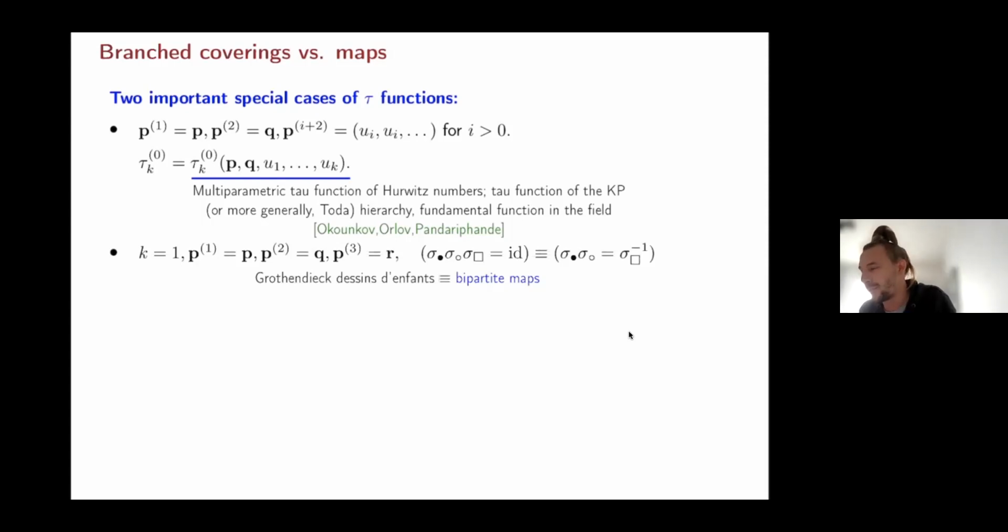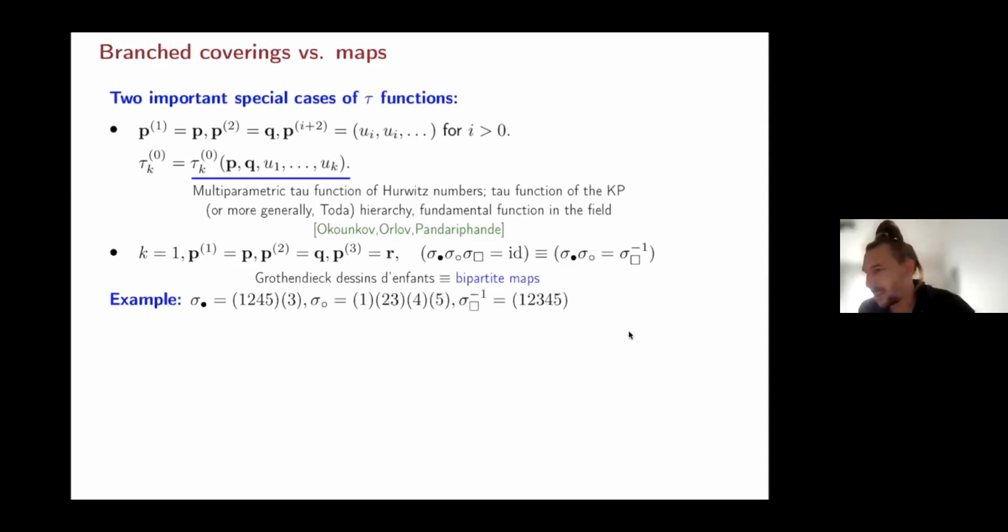So again, in terms of branched coverings, this is a branched covering which has precisely 3 branch points. And this is a particularly important model, but in terms of combinatorics, this is also a very nice model because you will see now that it is related to counting certain nice combinatorial objects, which are called bipartite maps.